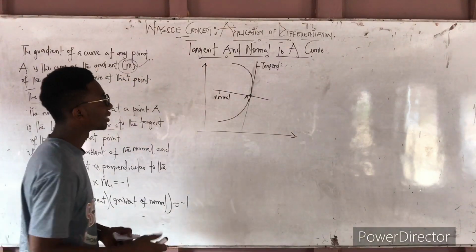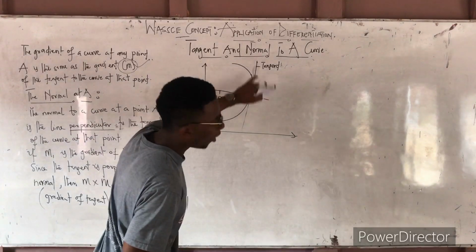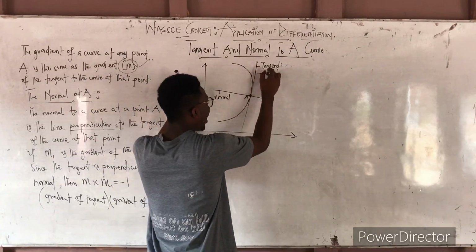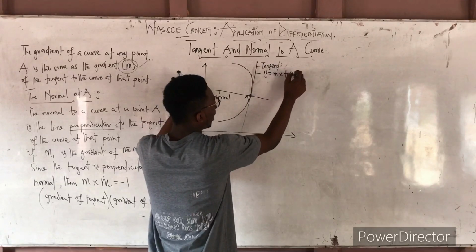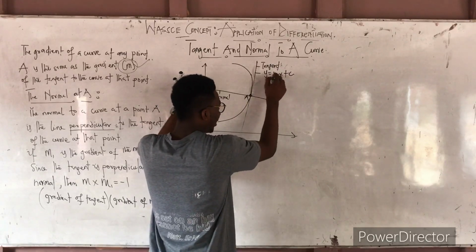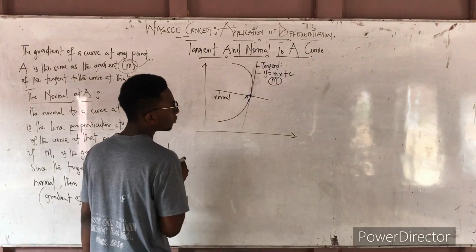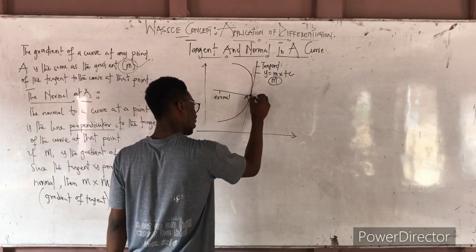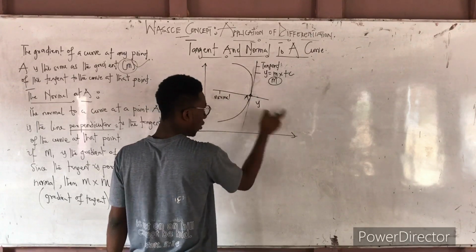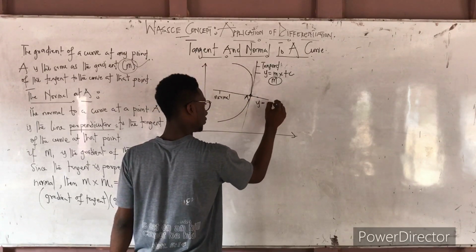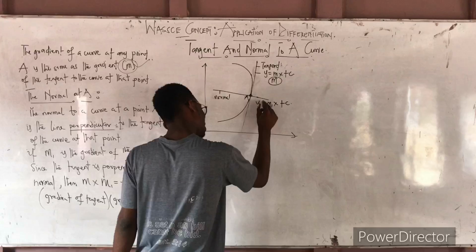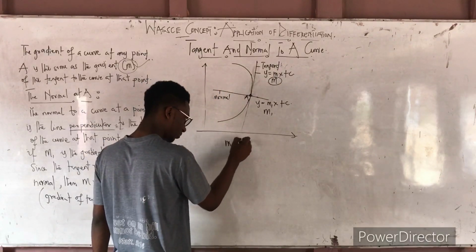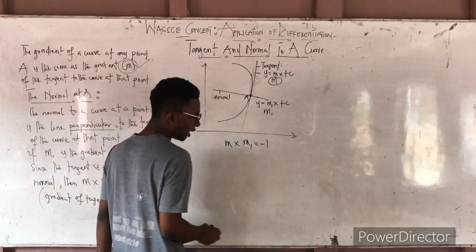Okay, so now, they are all straight lines. If the tangent equation is mx + c, with the gradient of the tangent m, and the normal, which is also a straight line, is m1 x + c, with the gradient of the normal m1, then we say m times m1 should get -1.